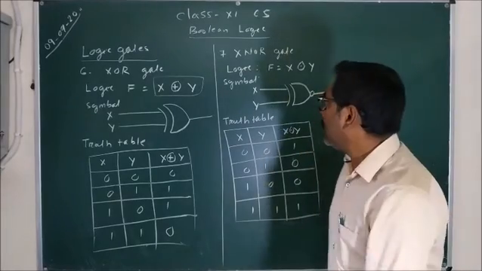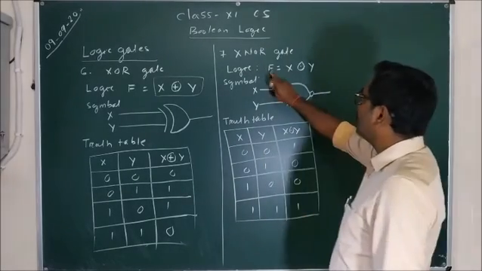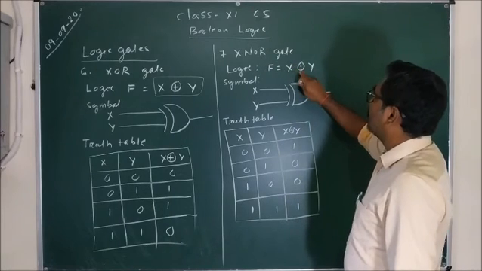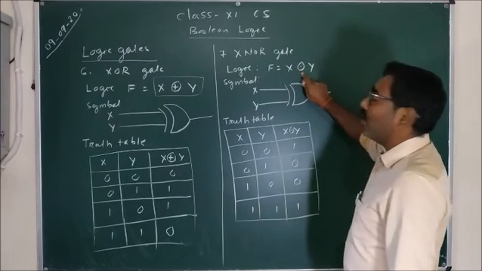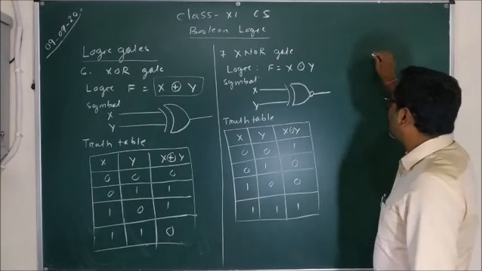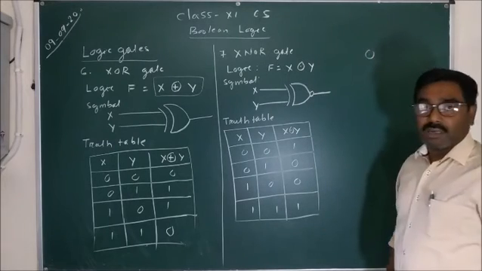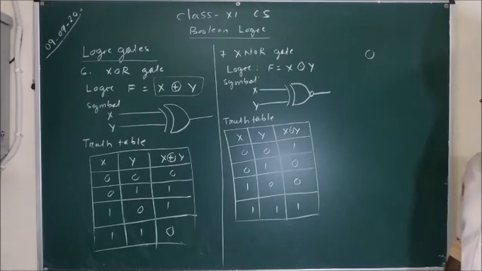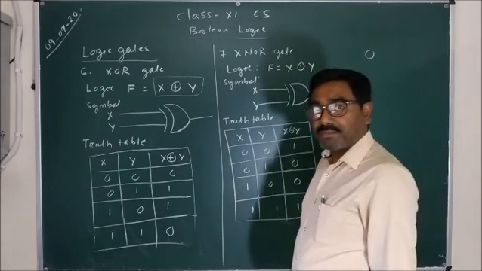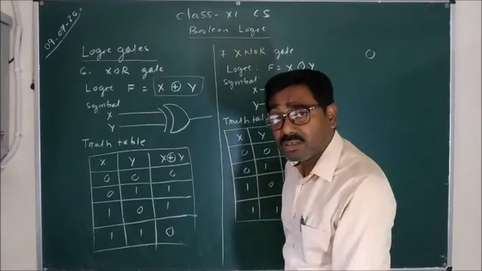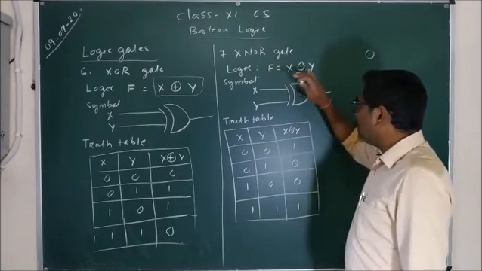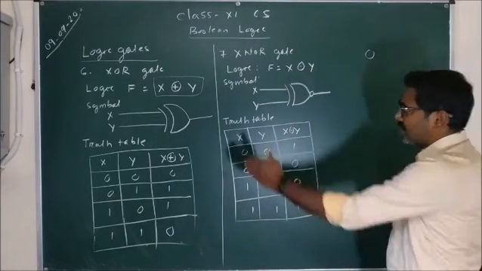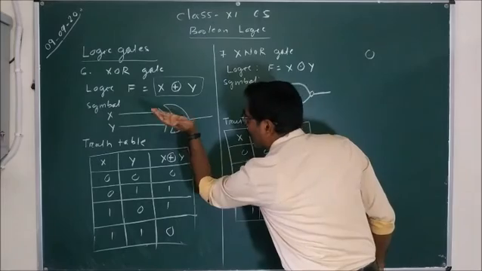Okay. So here also three things. The symbol is F is equal to X. Now this is the symbol of XNOR. The dot and a circle. The dot and the circle is the symbol of XNOR gate, or this is known as the XNOR operator. And the symbol, the same symbol over here, what is the symbol of XOR?